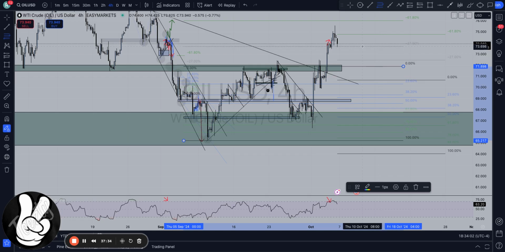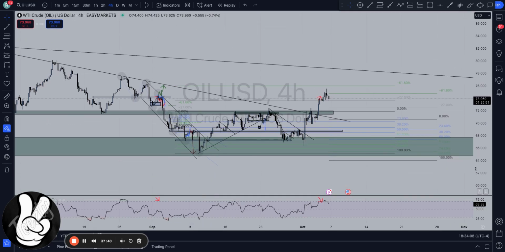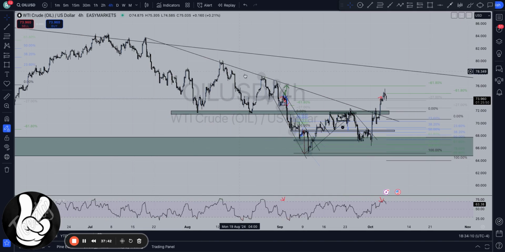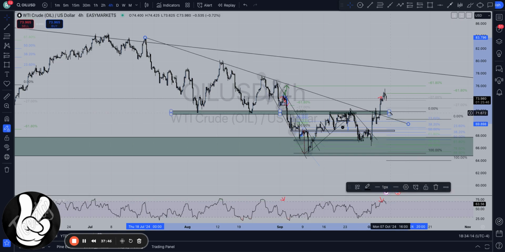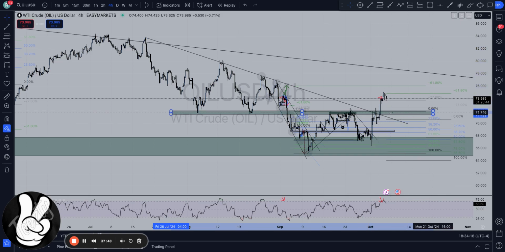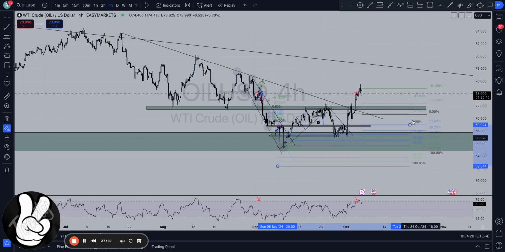Okay, so this hit the negative 27%, and it broke out of this trend line stemming from up here, point A to point B, pulling price all the way through. So I want to see if it comes back to retest this area of resistance and support, and then pushes up.